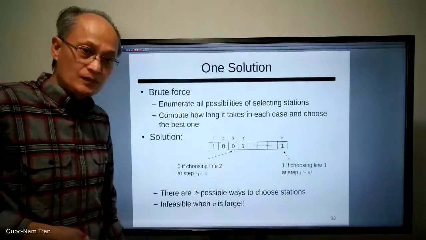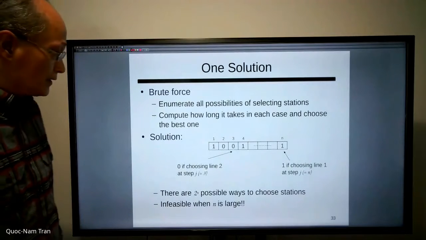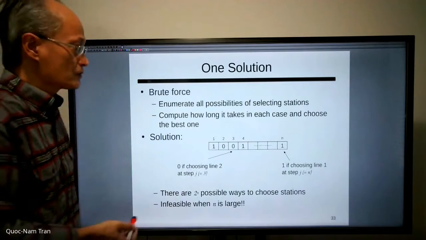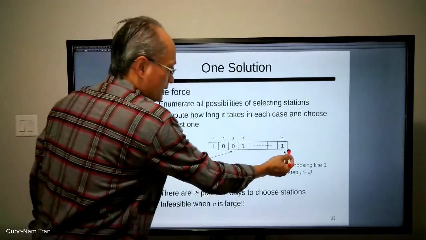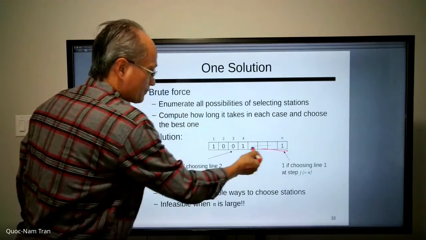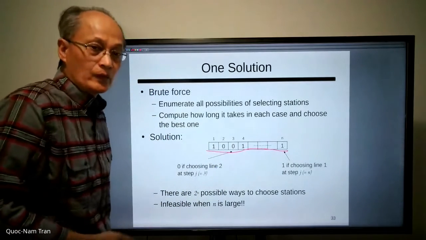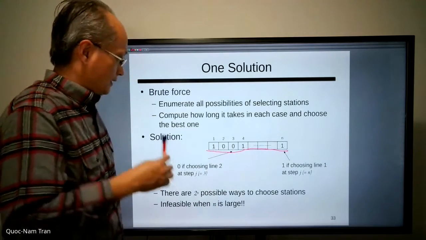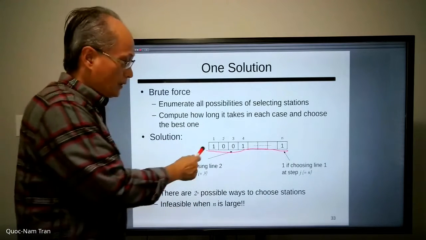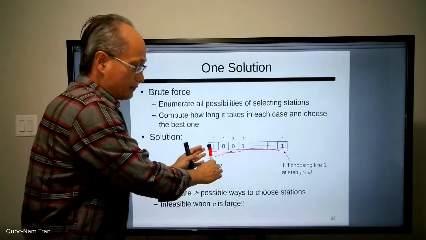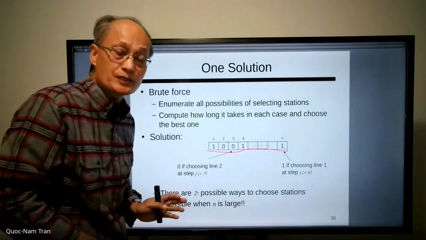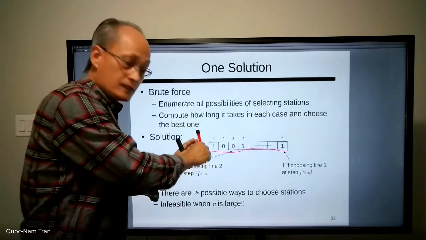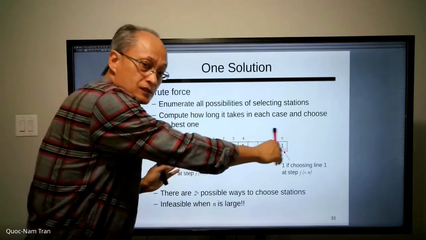So the easiest way is as follows. Okay. So we have two assembly lines, right? And then we just want to use one array that has n elements. And we will try to fill out the values here. Let's say we start with, here we have from station 1 to station n, and then we move from station 1 to station 2, right, etc.